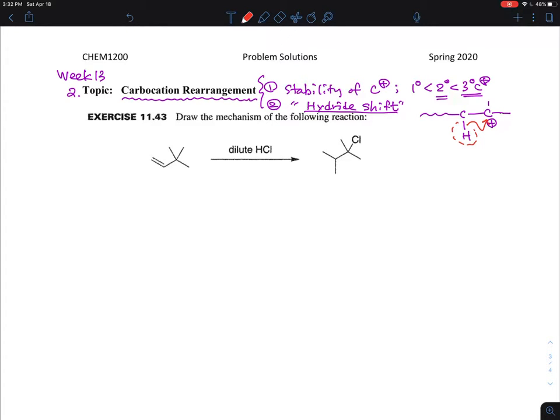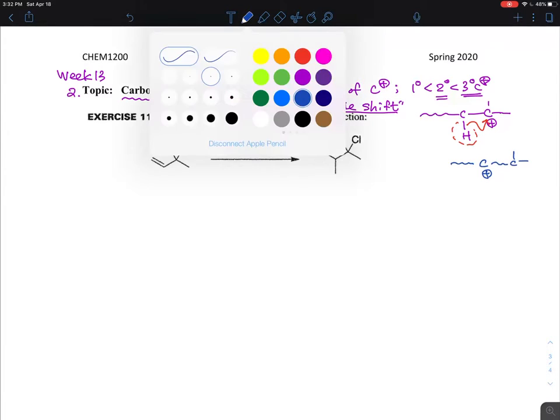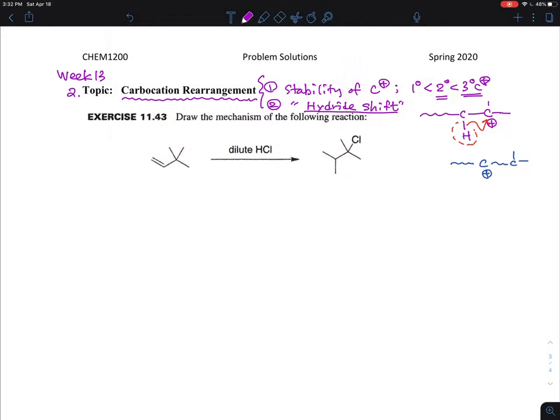Then you end up getting the newer species. You develop the cation here, and you form the new bonding on the other side, right? So what used to be the carbocation here is now a newer carbocation.